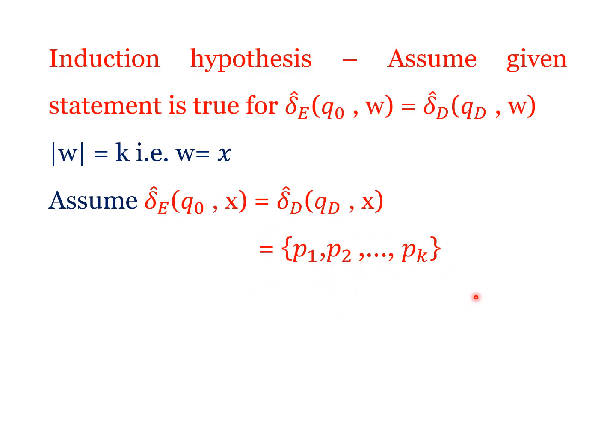This we also assume to be true. Keeping this statement and the basis, we want to prove that for a string of length K plus 1 the statement is true.